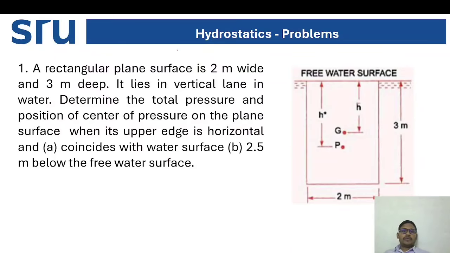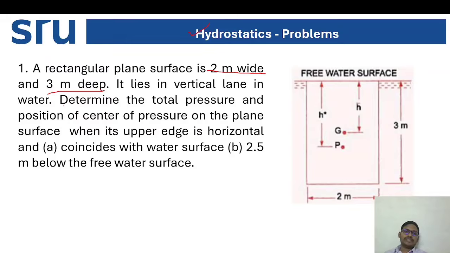So next we will see a problem and try to understand it. A rectangular plane surface is 2 meters wide and 3 meters deep. It lies in a vertical plane in water.